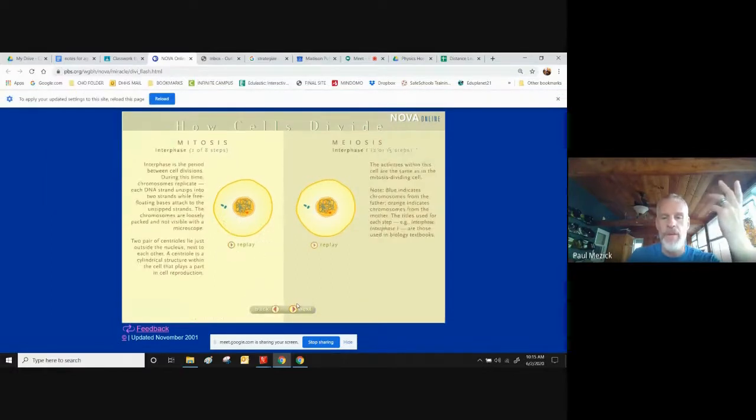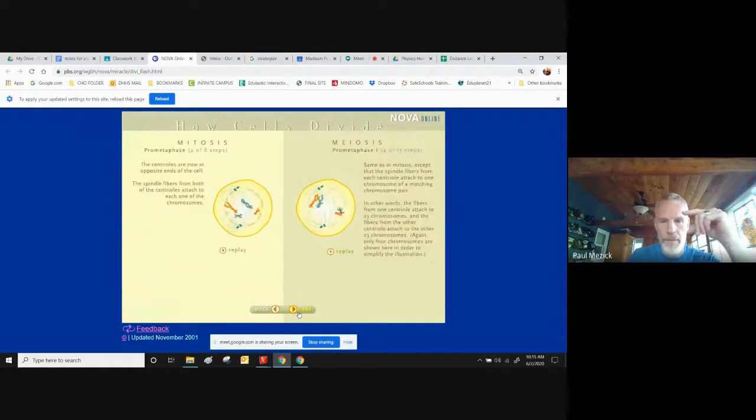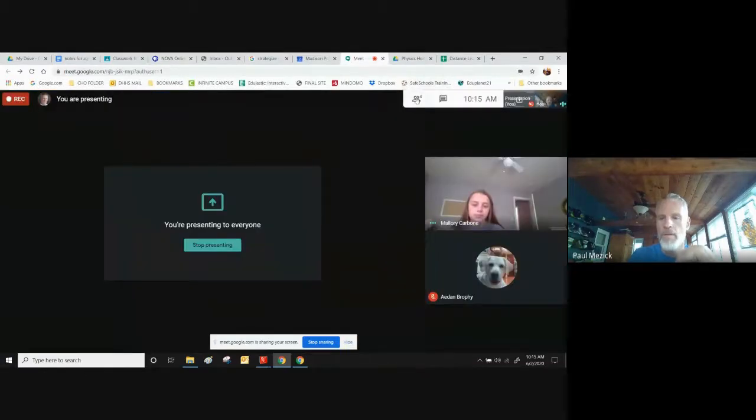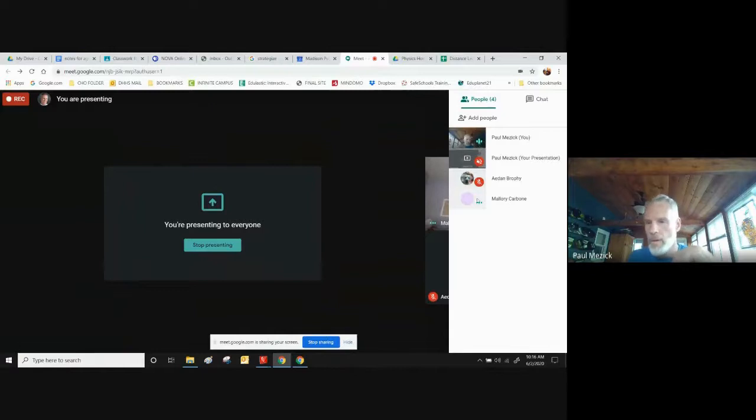But seeing this is what you want to see, because you can tell, for example, when you get into this here, that screams the huge difference between mitosis lining up down the middle and meiosis lining up on both sides. Let me just see if there's anyone else. I got Mallory. Okay.